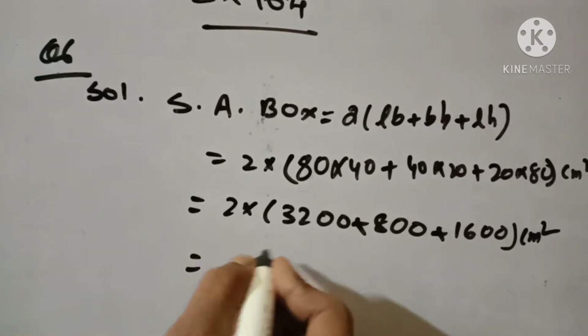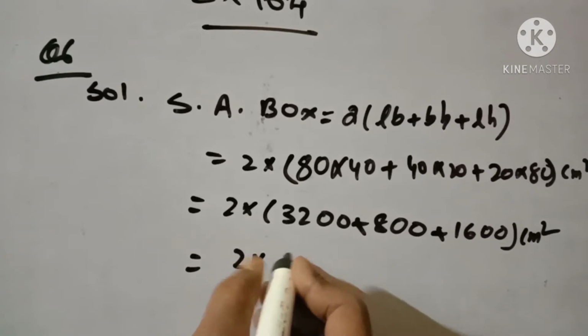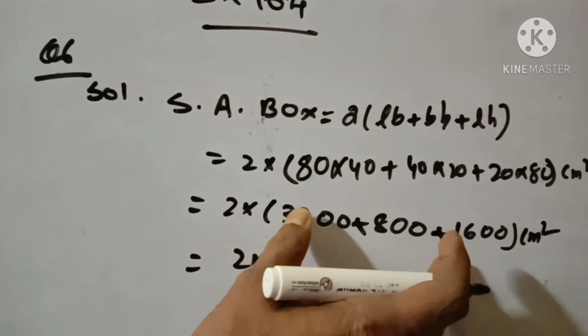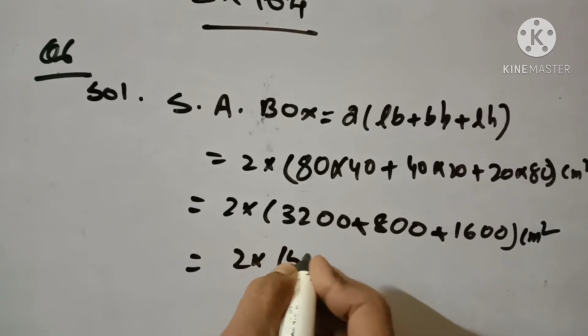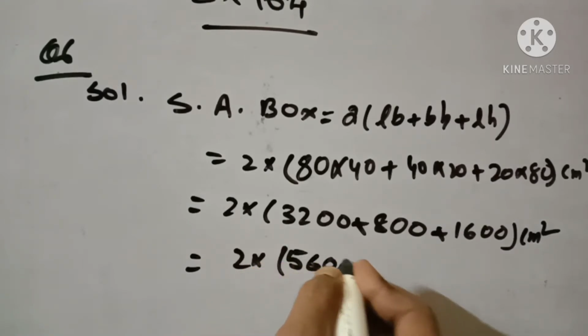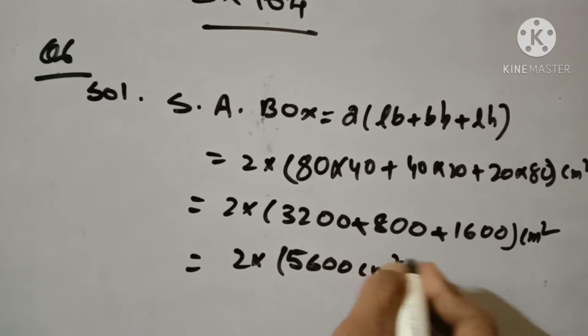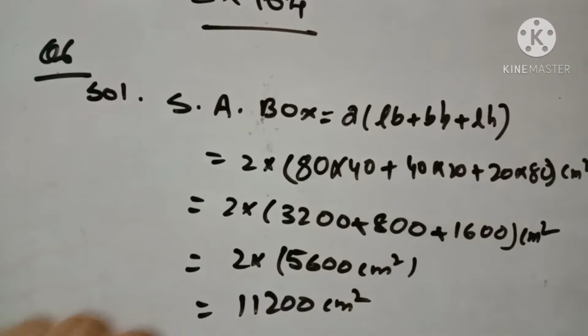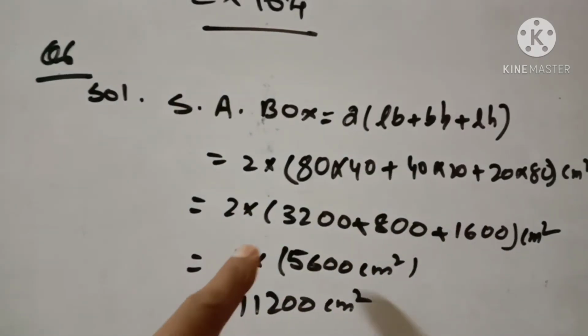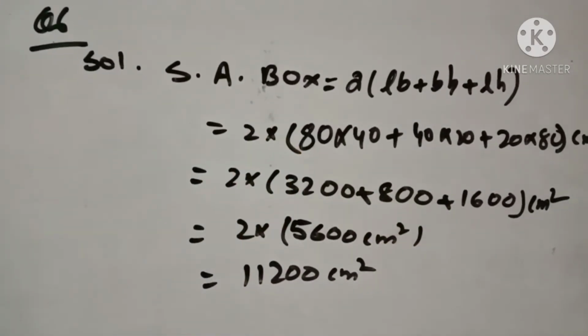So 2 into, after adding we'll get 5600 centimeter square, which gives 11,200 centimeter square. But now this is the box for the Santa Claus Christmas tree. She wants to place a tree on a wooden box.